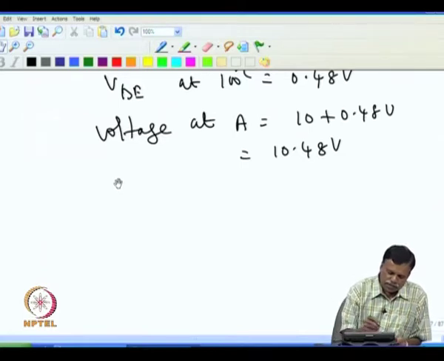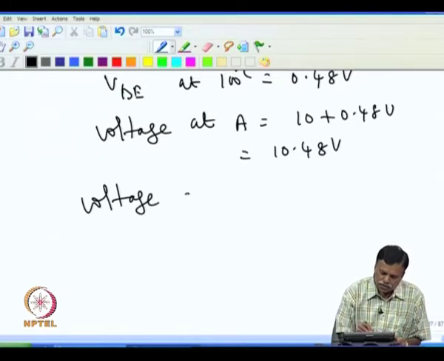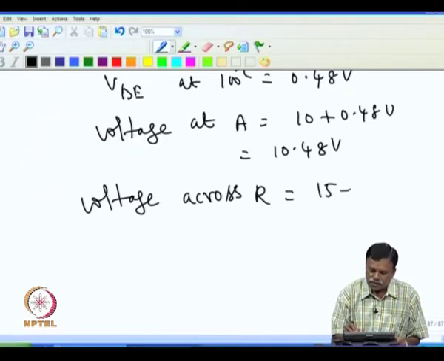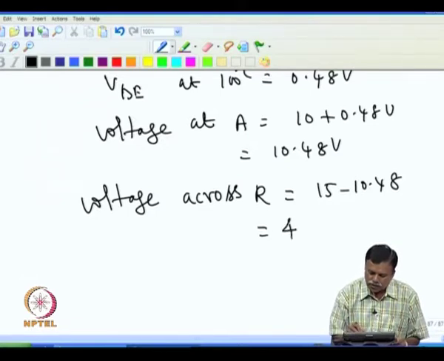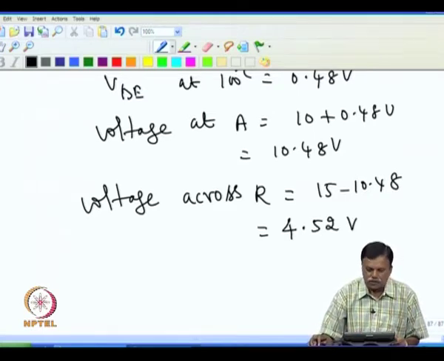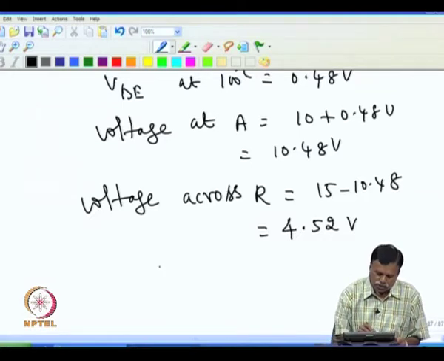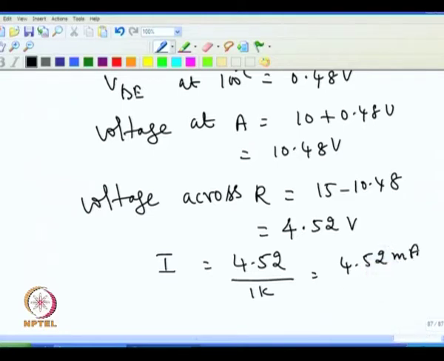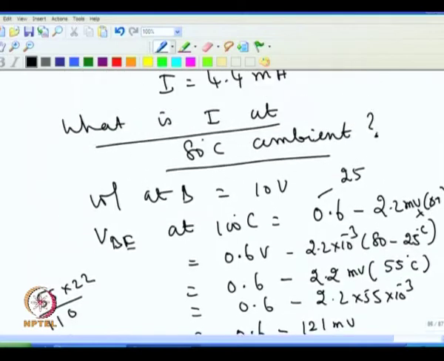Voltage across R will be 15 minus 10.48, that will be 4.52 volt. So you got 4.52 volt across R. The new I will be 4.52 divided by 1 K, that will be 4.52 milliampere. So, at this higher temperature the current is 4.52 milliampere.